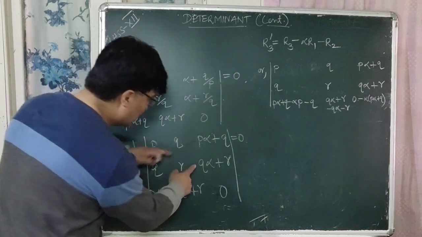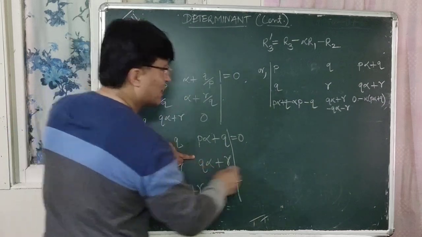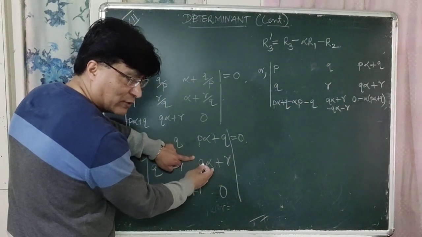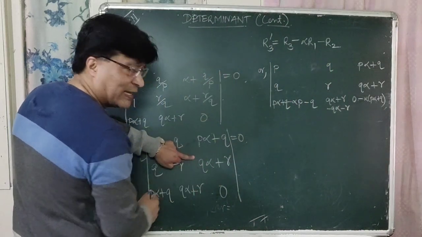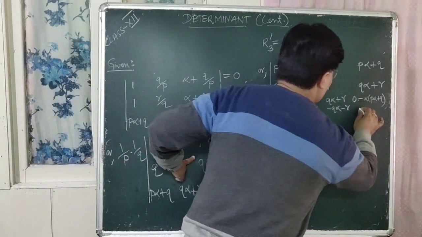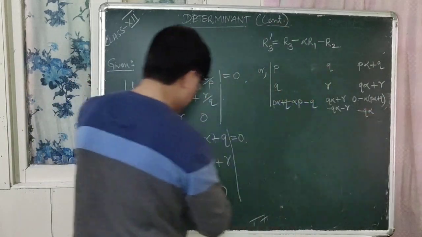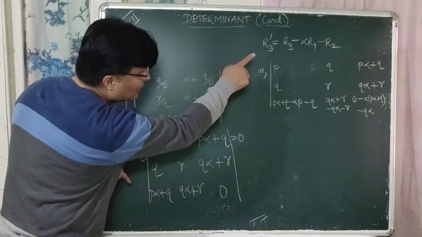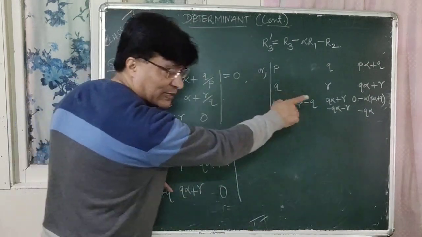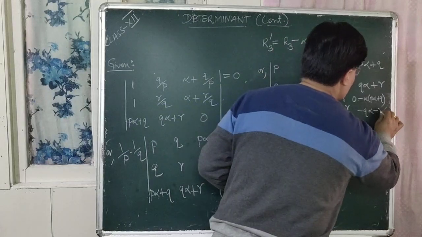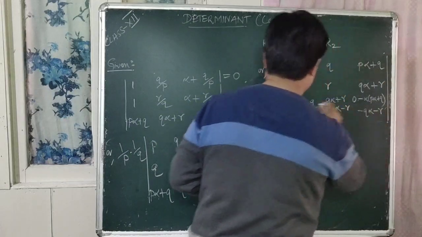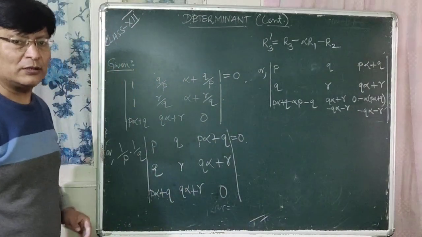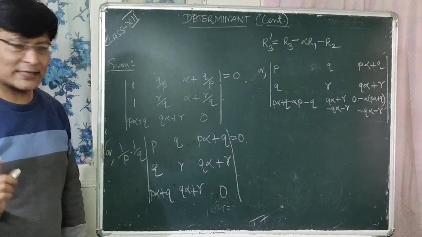What is minus R2 here? Minus Q alpha minus R. Because of the minus sign, the sign changes: minus into plus is minus R. Here you should write minus R. So this is the new third row. Is that clear now?